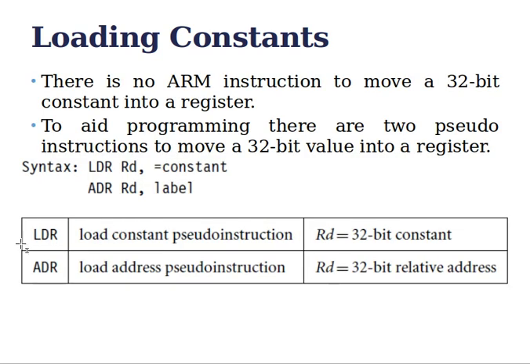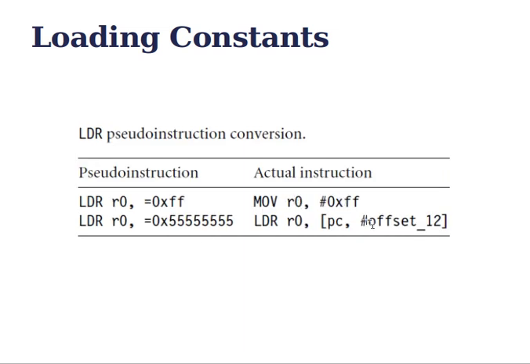There are two of them, LDR, which we've already seen. The syntax of LDR is LDR Rd, comma, equal to a constant. We can use a normal move instruction like this, but there is a range for the data that can be moved to a register in a move instruction.